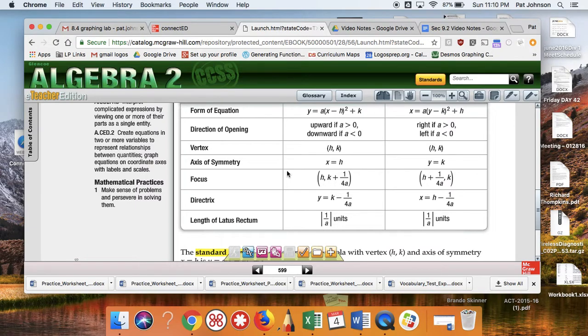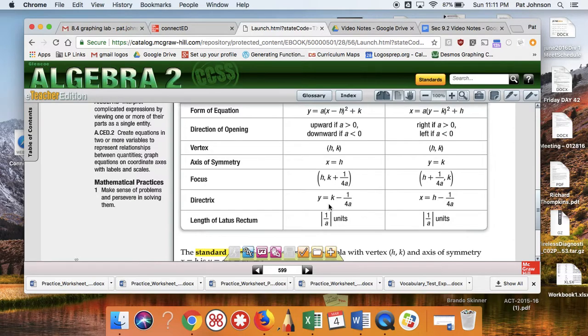Now, these are just formulas that you're going to have to memorize. For the focus, for a vertical, it's h comma k plus 1 over 4a. And a gives you a lot of information. For a horizontal, it's h plus 1 over 4a comma k. The directrix, when it's vertical, is y equals.